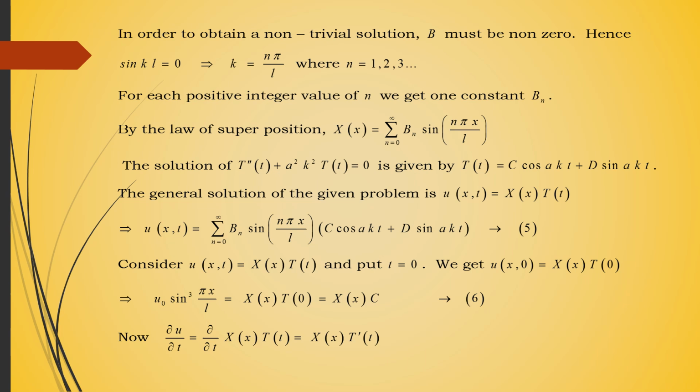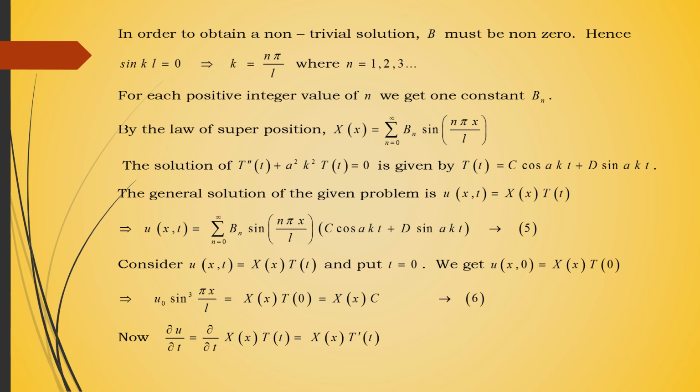So if we take our solution X(x) = A cos kx + B sin kx, we have already shown that A = 0 and B takes the constants Bn. So our solution becomes X(x) = Bn sin kx.